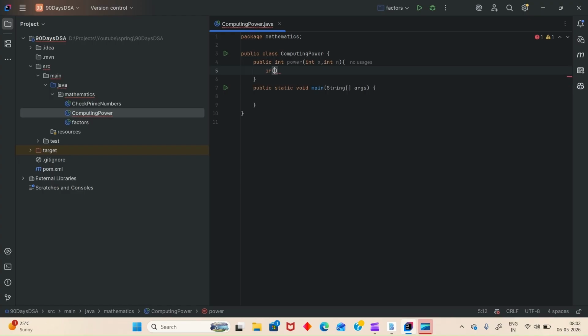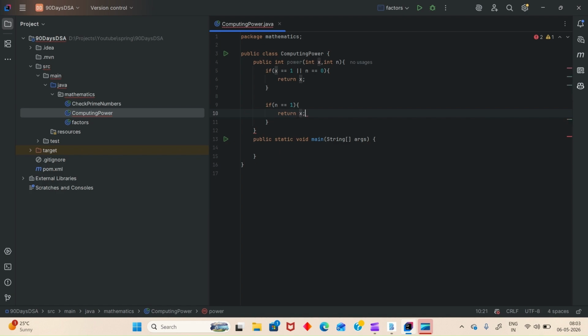First, what is the condition? If my x is equal to 1 or my n is equal to 0, what will be our answer? It is just 1, because 1 raised to anything will be 1, and anything raised to 0 will be 1. And if my n is equal to 1, in that case we return x.